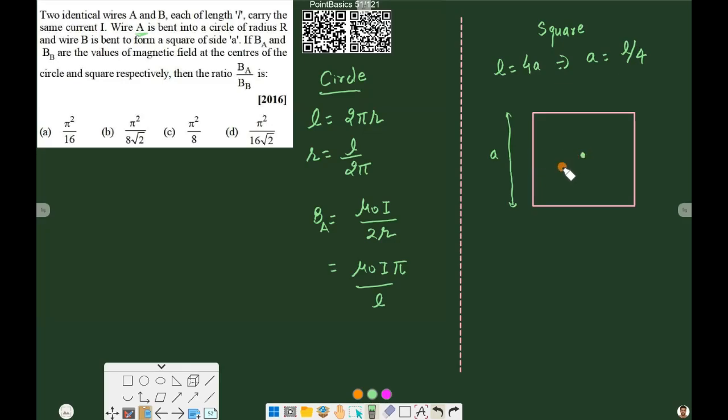So if we draw some lines here, so that we can find angles to use in the formula for the straight conductor.